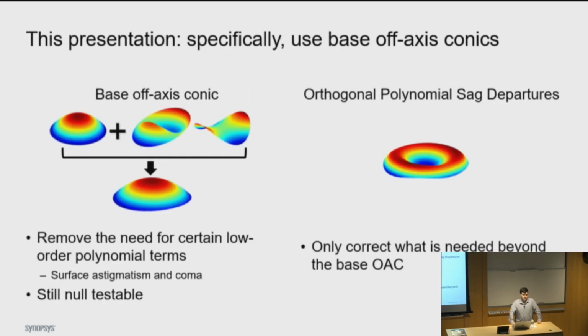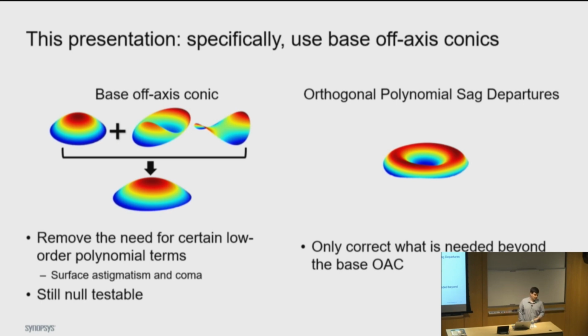And in this presentation, the goal of reducing those departures is going to be achieved by taking advantage of base off-axis conics. Specifically, we are going to use our off-axis conics to remove the need for certain low-order polynomial terms. So we are going to take our freeform surfaces and remove the need for surface astigmatism and surface coma terms, so things like Z5, Z6, and Z7, Z8.